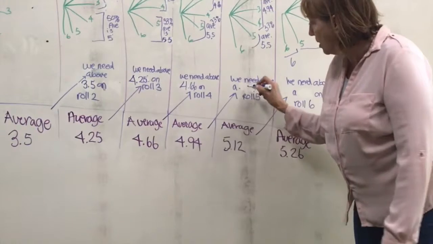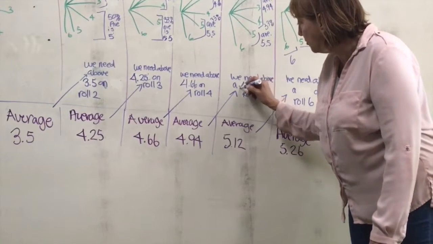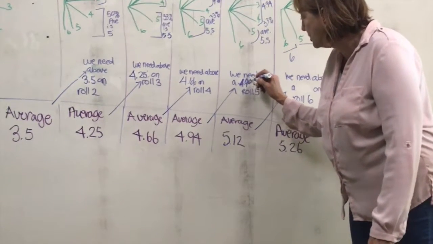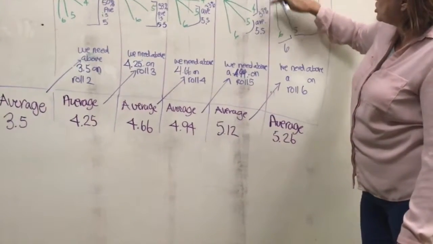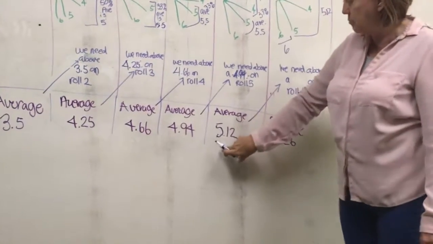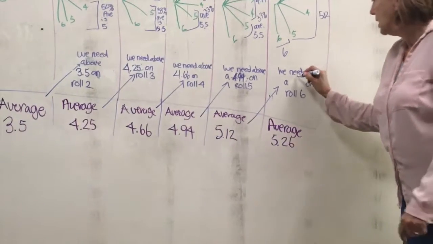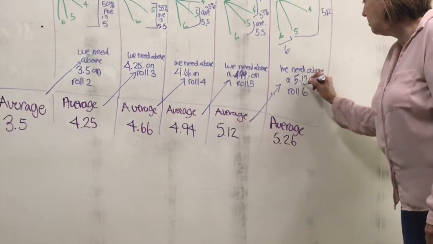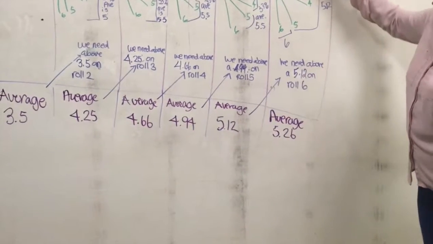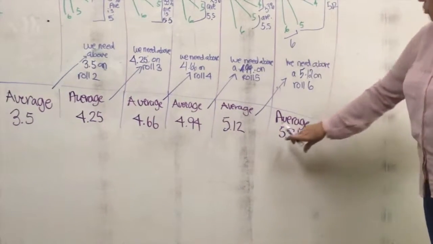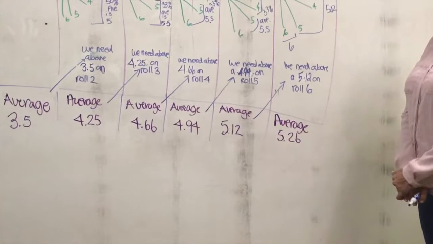We need above a 4.94 average on roll 5. When we average the numbers again, we get a 5.12. And on roll 6, we need above a 5.12 average. And we get a 5.26 average.